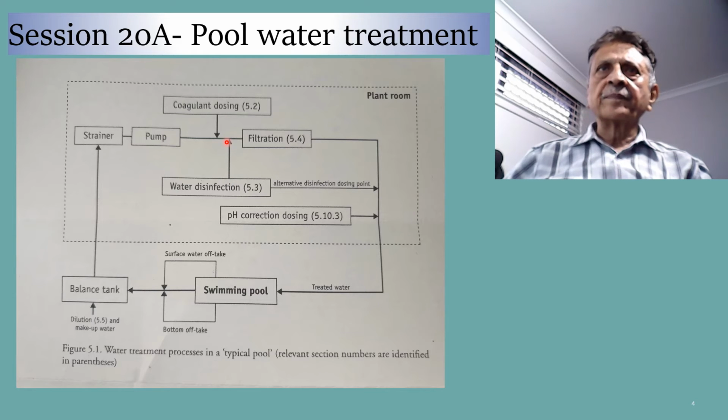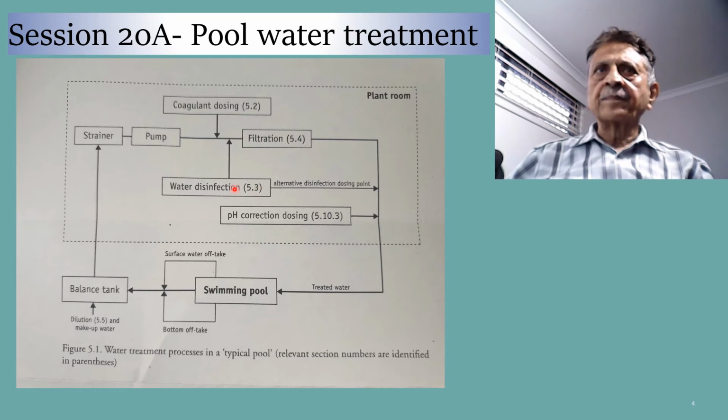At the same time, chlorine is dosed for disinfection, and filtration takes place. Once it is filtered, the filtered water goes back to the swimming pool.